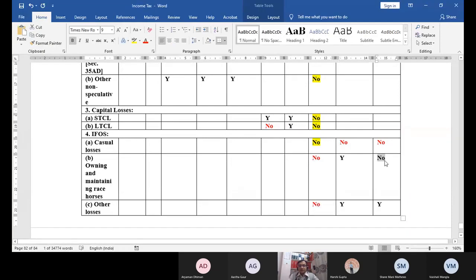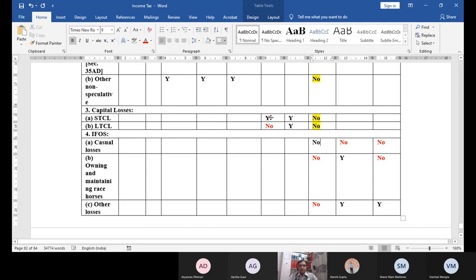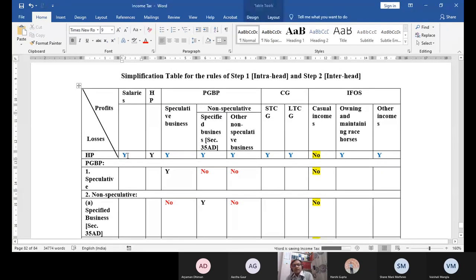Intrahead not allowed shown with red color, intrahead allowed shown with black color. Intrahead allowed shown with blue color, sky blue I think, and intrahead not allowed I will show with black but background will be yellow. So those are interhead negatives, interhead not negated items.